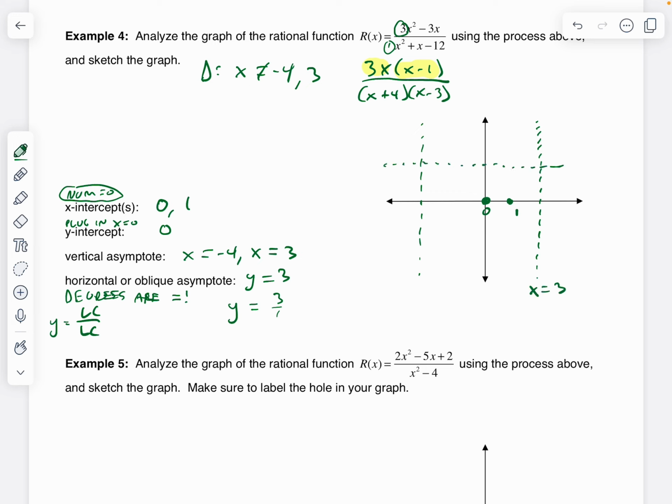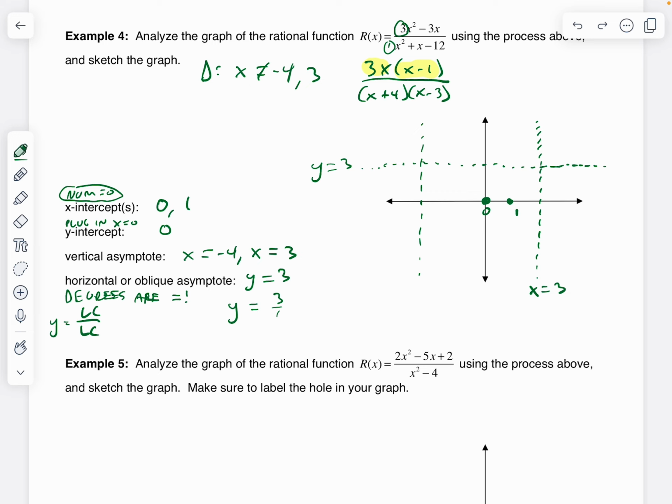Okay, so let's talk about this for a second. Whenever the horizontal asymptote is not equal to 0, so if this number here is anything higher than 0, especially when it's a quadratic over a quadratic, and for you guys, honestly, in this class, this is pretty much the only time you have to worry about this, is when you have a quadratic over a quadratic and nothing cancels.